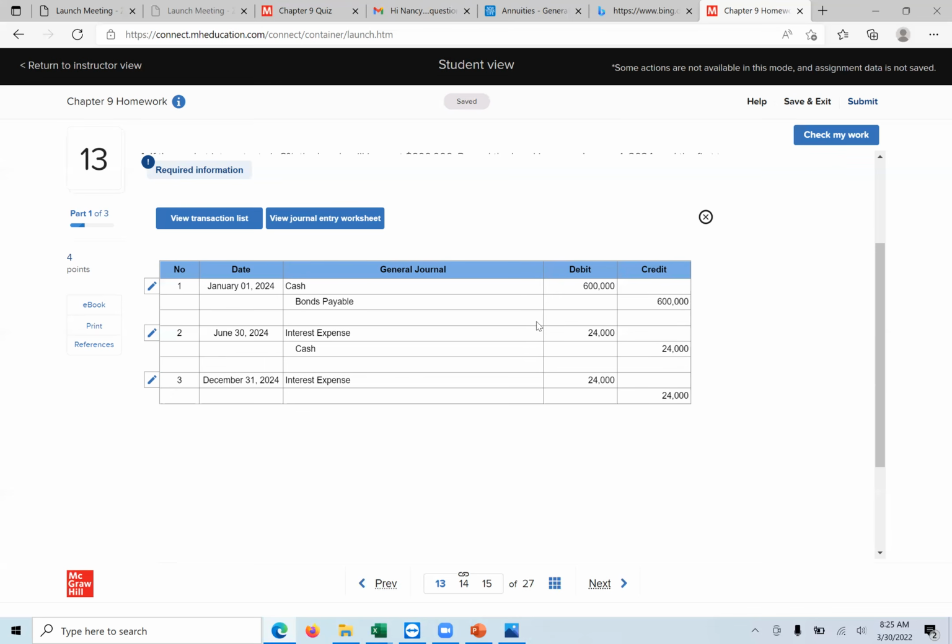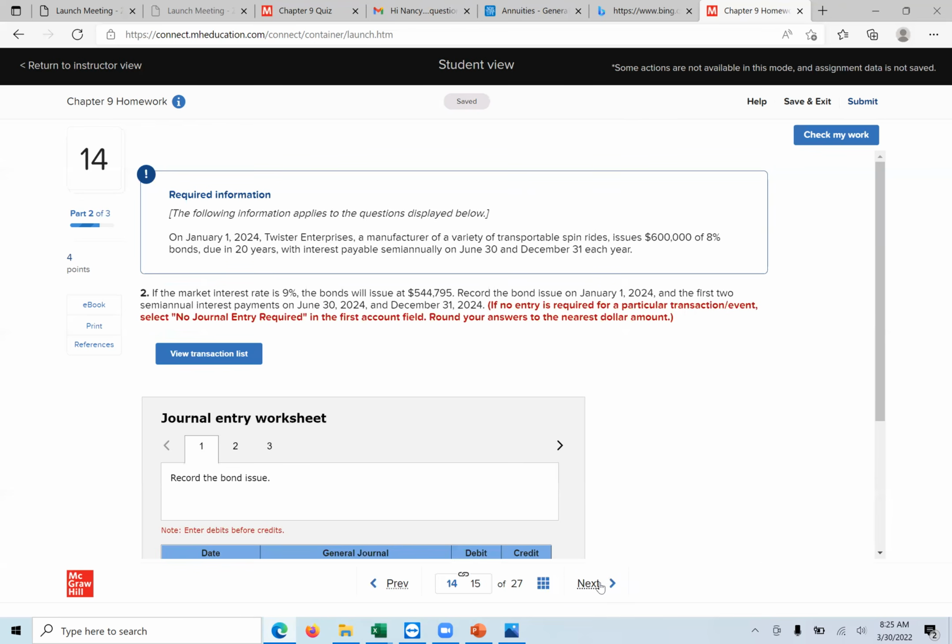The interest expense will also be 24,000 because if you take the bond of 600,000 times the market rate of 4% for a period, it's also 24,000. So the interest expense and the cash, the payment, is identical in this example. That's easy when bonds are issued at face amount.